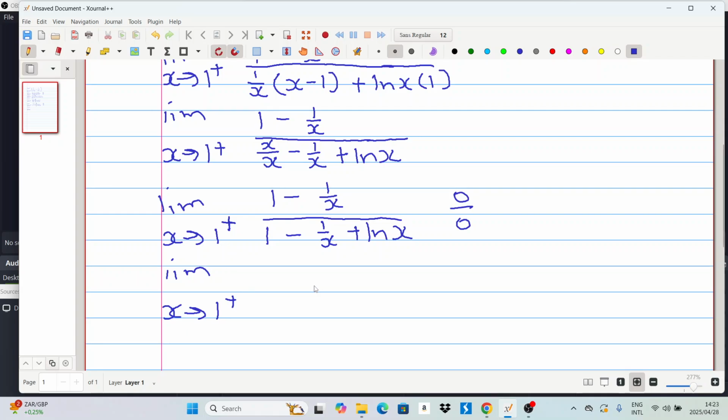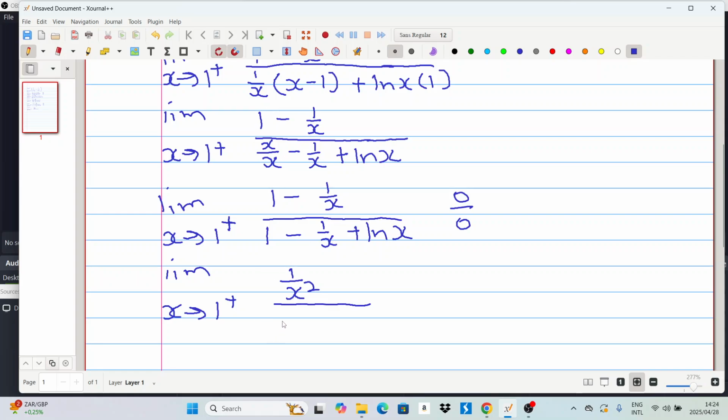The derivative of 1 is just 1. The derivative of 1 over x is negative 1 over x squared, and because there's a minus here, we're just going to have 1 over x squared as our derivative on top.